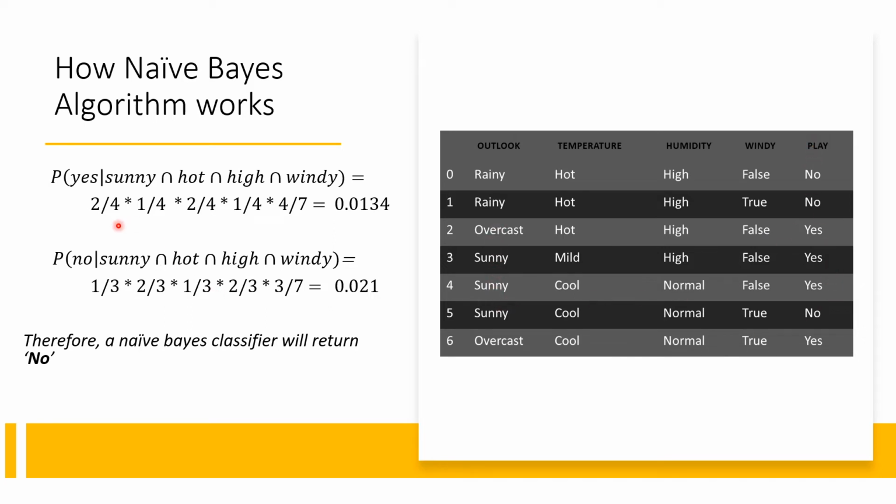So this is 2/4. Then multiplied by the probability that the temperature is hot given that the output is yes. So this is 1/4. Then multiplied by the probability that the humidity is high given that the output is yes, so this is 2/4. Then multiplied by the probability that it's windy given that the output is yes, so this is 1/4. Then multiplied by the probability that the output is yes.